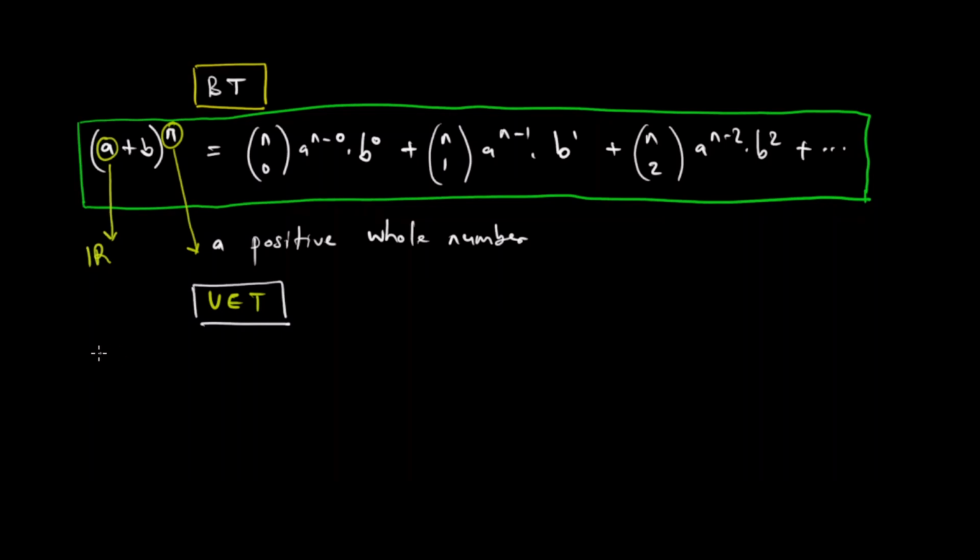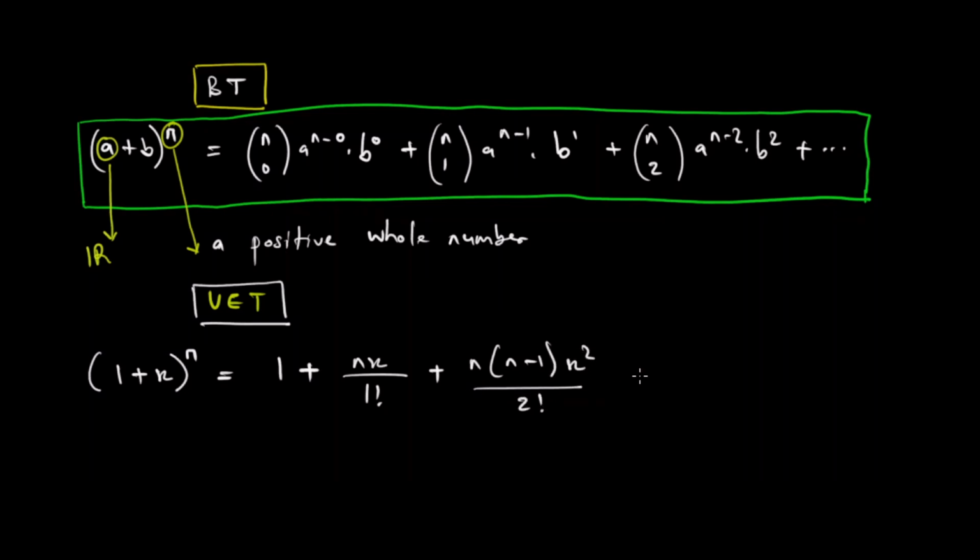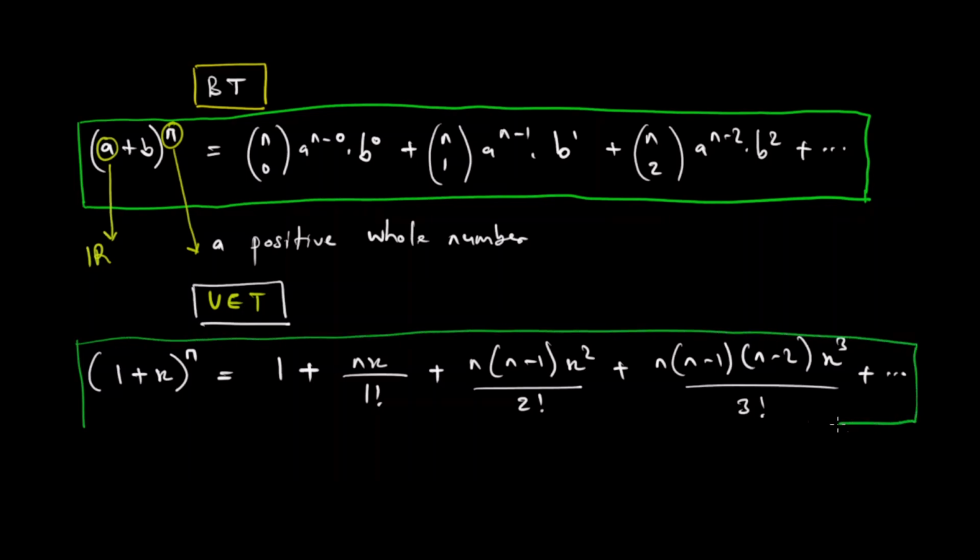For the universal expansion theorem we said 1 plus x to the n is equal to 1 plus nx over 1 factorial, plus n times n minus 1 times x squared over 2 factorial, plus n times n minus 1 times n minus 2 times x cubed over 3 factorial, and so forth, like that. So those are the two formulae, or theorems, which we worked with.